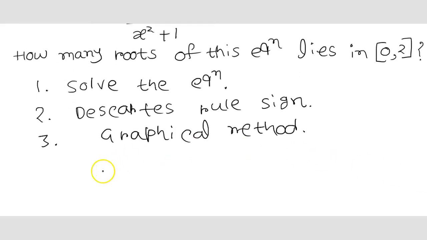Now in this equation, if we arrange it, you can simply see that the equation will become something like this. This is a cubic equation, because its highest degree is 3.